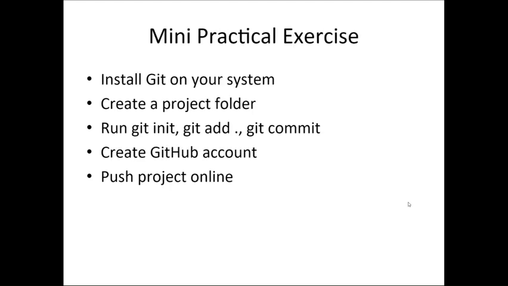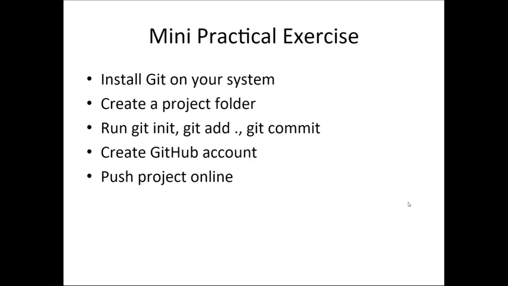Mini practical exercise: install Git on your system, create a project folder, run git init, then git add with a dot. So when you do git add, you give a space and a dot afterwards, then git commit. Like I said, git commit will usually come with a remark or comment you put to describe what you're committing. Then you're also going to have to create a GitHub account and push the project online.